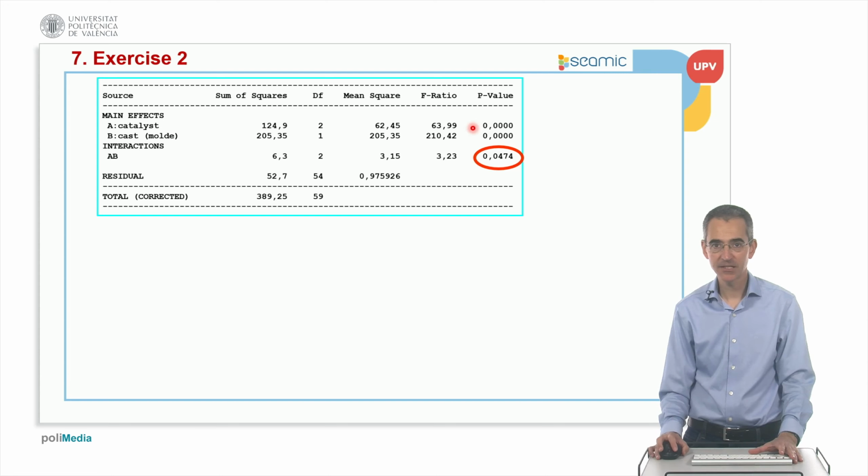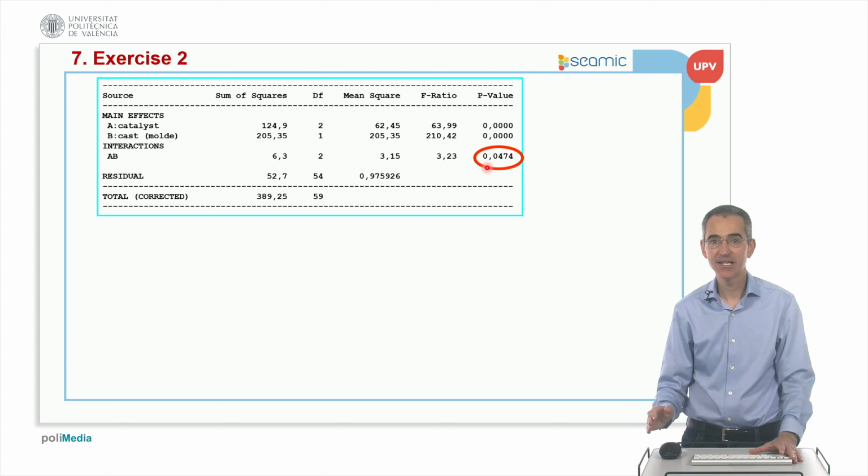Okay, and then this is interesting because it is very close to 0.05. So the interpretation is different according to the alpha that we want to consider. Because if alpha is 5%, then this p-value is lower. So we will say that we reject the null hypothesis, and then we will say that the effect of the interaction can be considered as statistically significant.